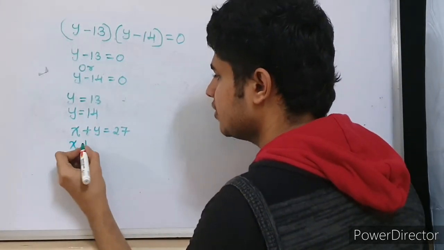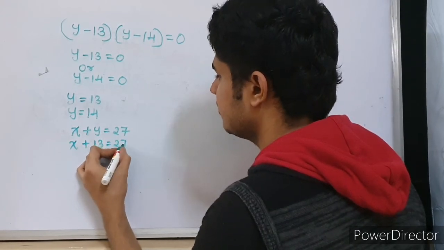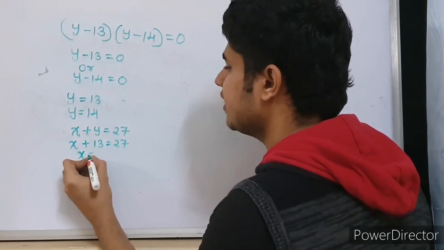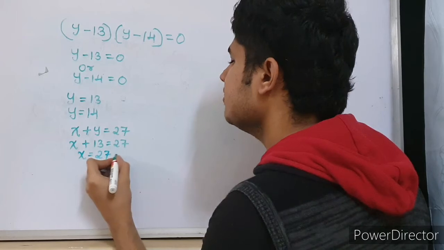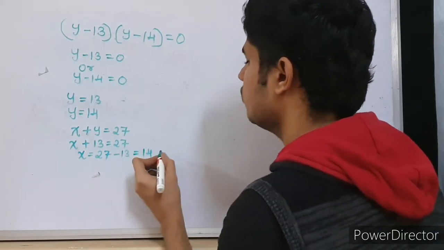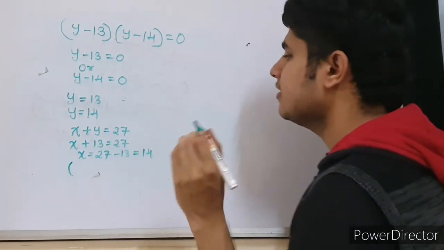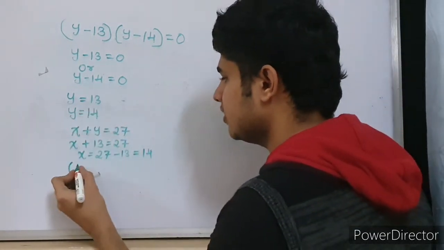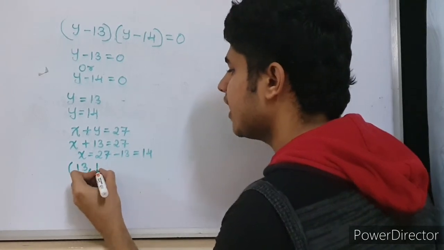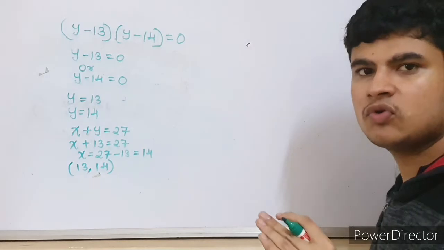So if I substitute, x plus 13 is equal to 27, then x I will get as 27 minus 13 is equal to 14. So the first solution I get is x as 14 and y as 13.